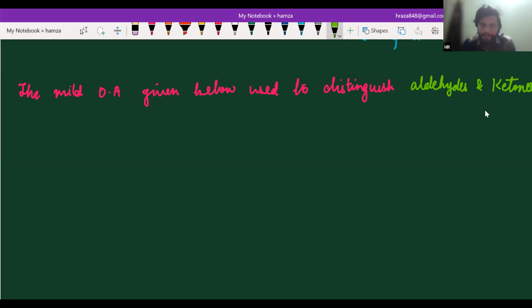Is that clear? So the first we are going to use is the Tollens test and Tollens reagent.